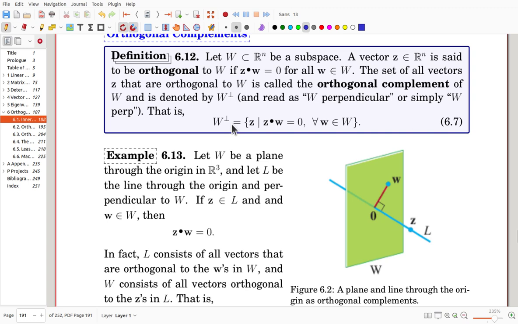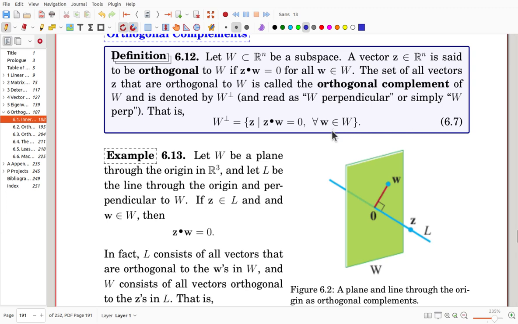Here in set notation, we define W perp in this way. That is the collection of vectors z with this property: z dot w is 0 for every choice of w from the subspace W.